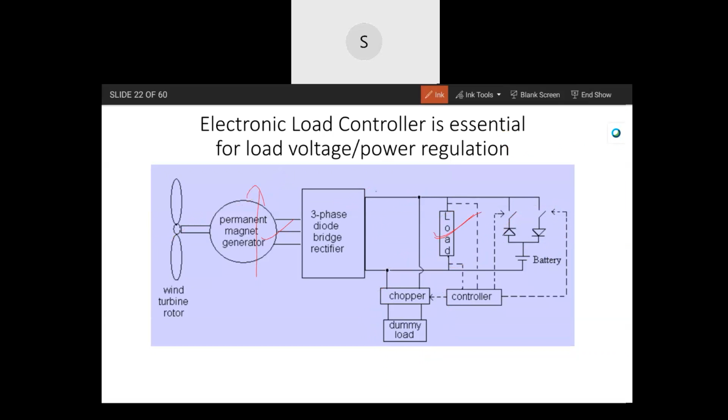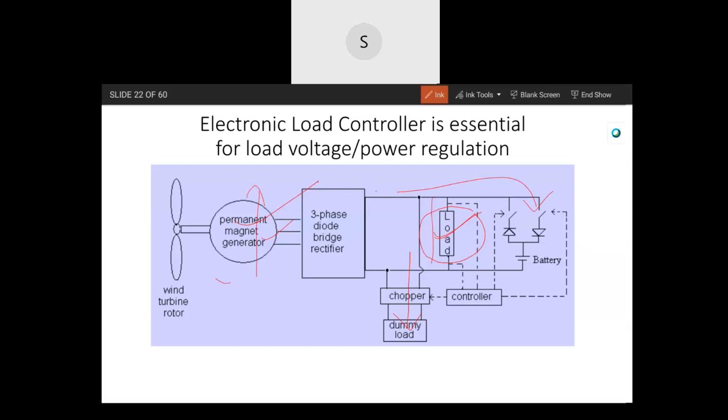For that, if it's a resistive load, the terminal voltage should change. So if you want to keep the voltage constant, whatever generator power is coming, you allow the load to consume its share, and the excess power you divert to a dummy load, or you can divert to battery charging. Once the battery is full, then you need a dummy load.